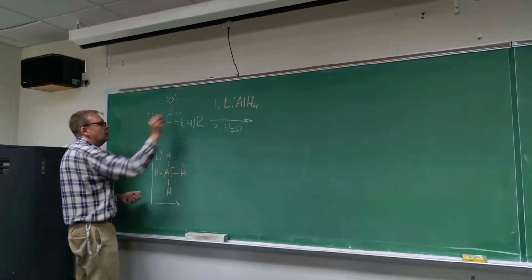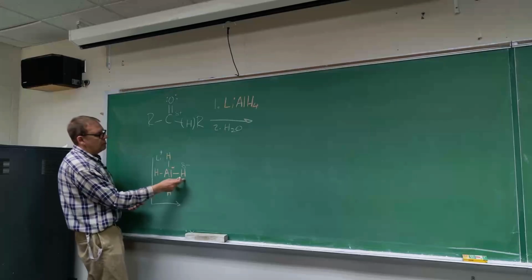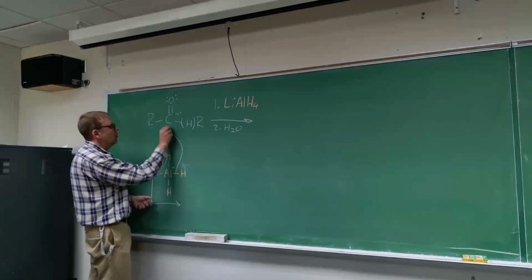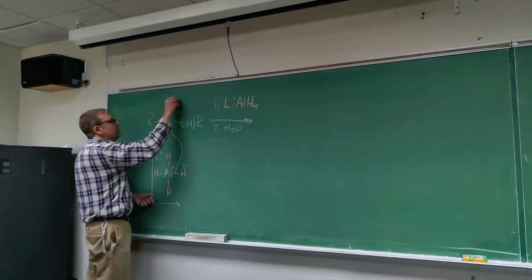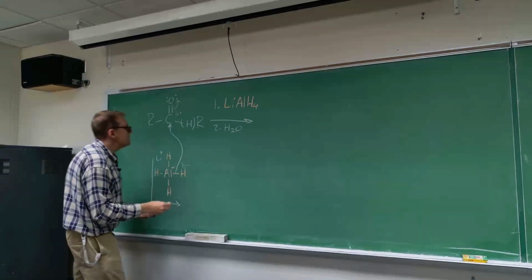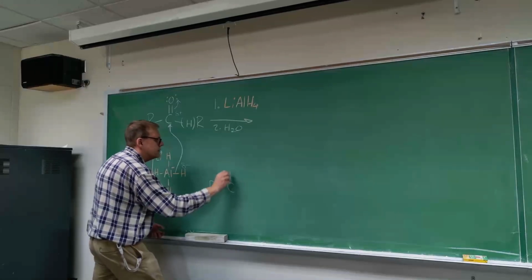Because the carbonyl carbon has partial positive charge, electrons in the aluminum hydrogen bond are mostly on hydrogen. The hydrogen, one of the hydrogens will take them and go and attack the carbonyl to make a new bond between carbon and hydrogen.